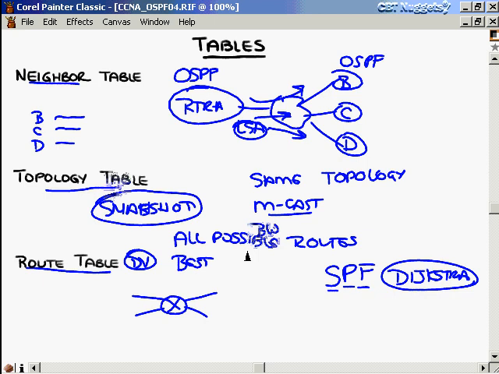As you can see, the best route for this router to different places in the network is going to be different than possibly the best route for this router, and then the best route for this router, because you can have topologies where there's a mesh. You can have topologies where there are redundant links to different places. So every one of these routers is going to run this SPF algorithm on its own to produce a routing table.